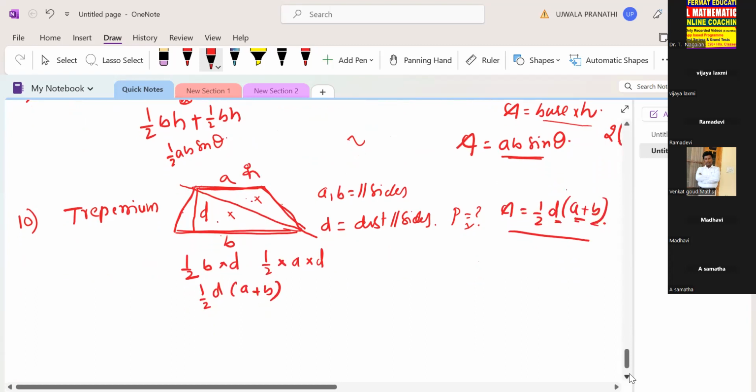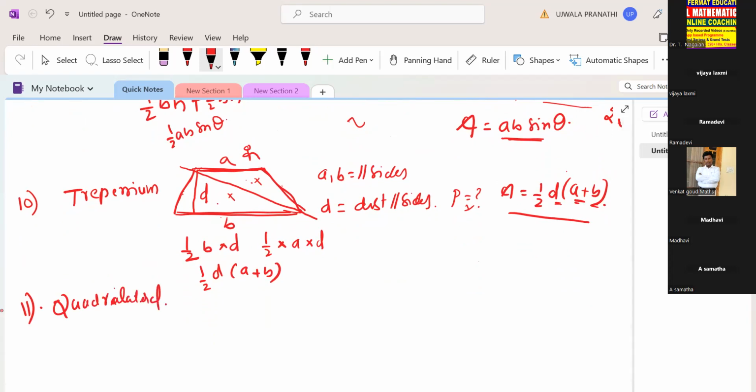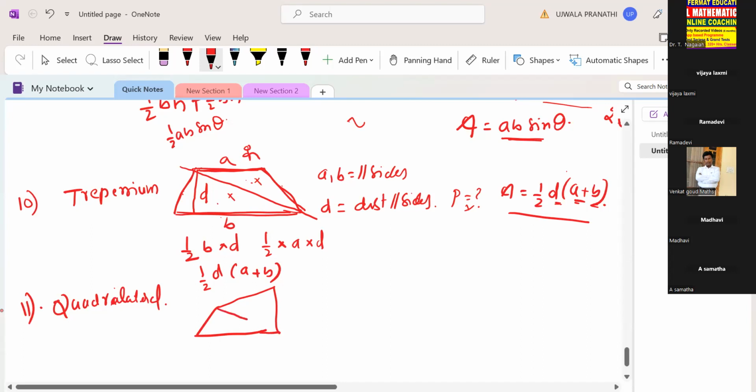Next, the 11th one is the quadrilateral. Now, this is the quadrilateral. A closed plane figure bounded by any four line segments is called a quadrilateral. So this is the one diagonal. This is one perpendicular drawn to the diagonal.